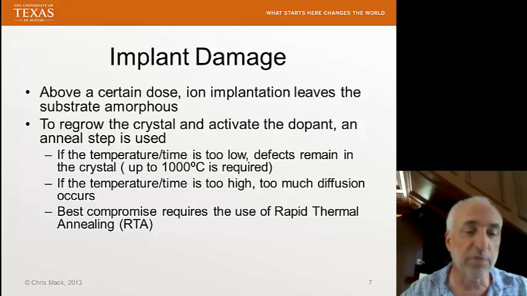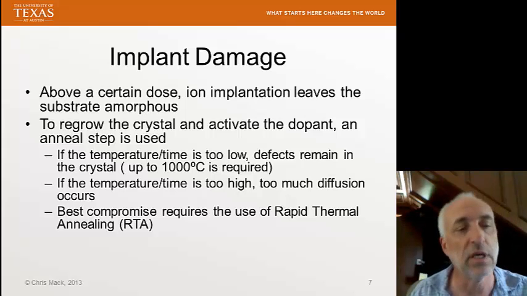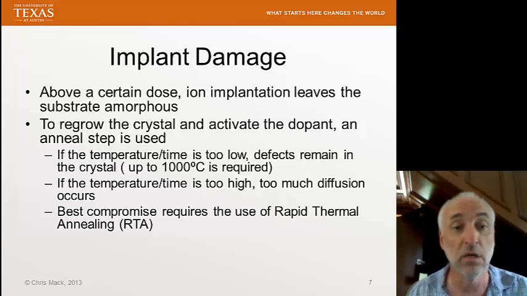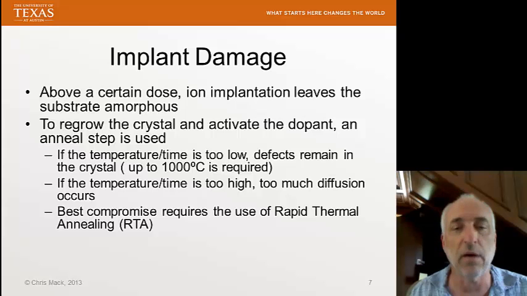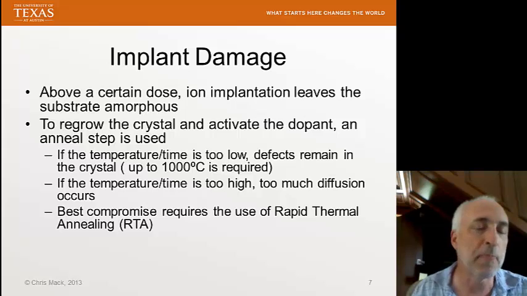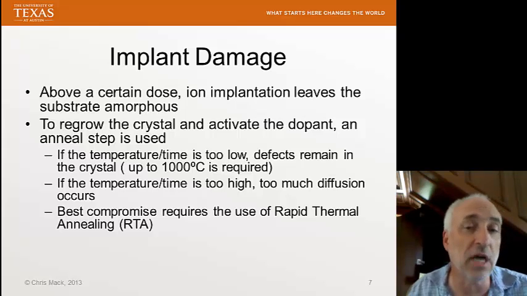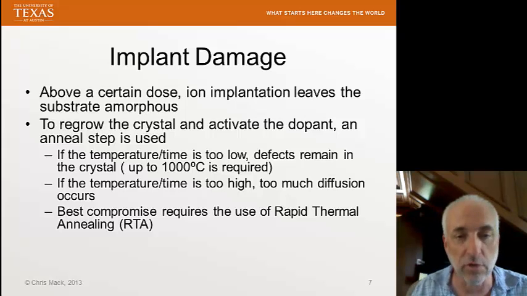We want a perfect single crystal that doesn't change. So we've got point defects and slip defects and loop defects and other ways in which the crystal can be wrong. And to get a low defect crystal, we need typically up to 1,000 degrees, maybe more, and enough time to get that crystal grown.